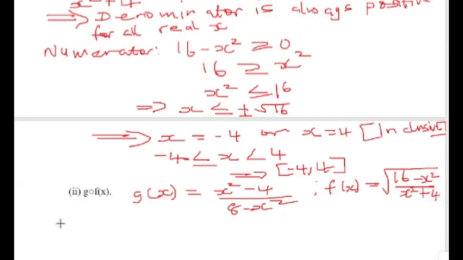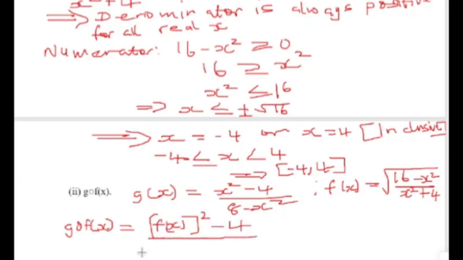So let's look at the expression g of f of x. So what are we going to get for g of f of x? So let's insert, okay, so this will be f(x) inside g(x). So we're going to have f(x) squared minus 4 divided by 8 minus x squared.